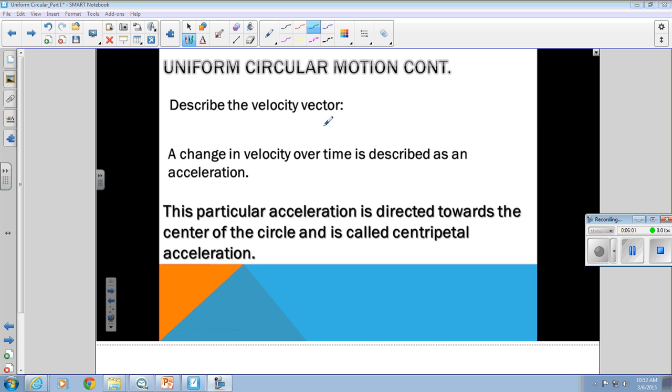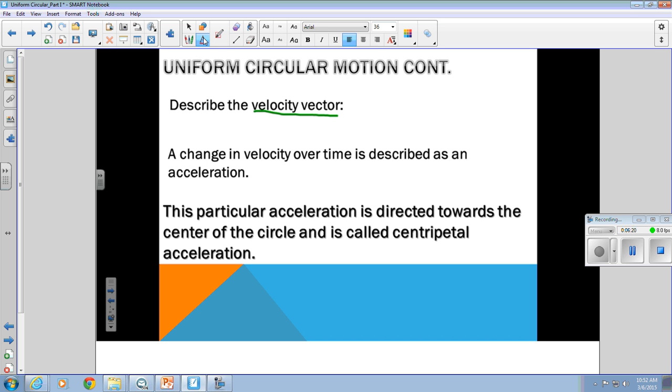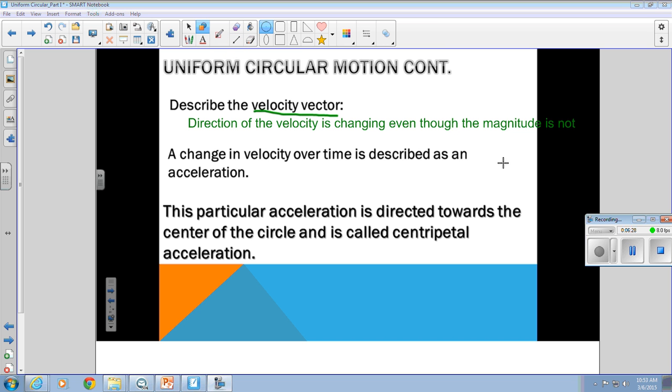Now, what we need to understand is when we're describing the velocity vector, remember velocity is the vector component of speed, we may have the speed from before, but when we talk about the velocity, we need to understand that the direction of the velocity is changing, even though the magnitude is not. Again, the direction of the velocity is changing, even though the magnitude is not.